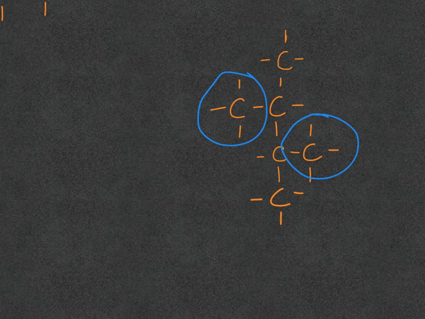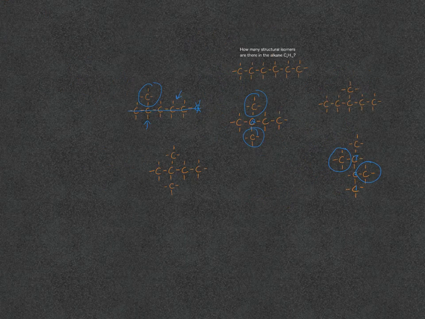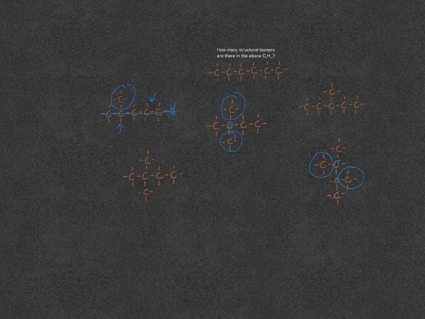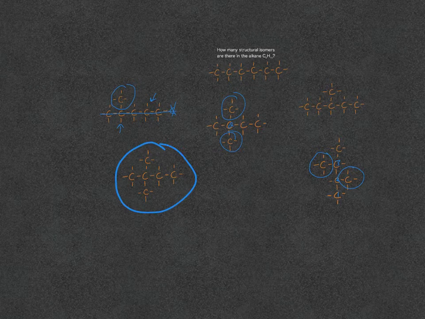But if I back those up and say this is my 1, that's my 2, that's my 3, it's still 2,3-dimethyl. It doesn't matter which way you count on this one. So it's 4 in a row, so it's a butane, so it's 2,3-dimethylbutane.